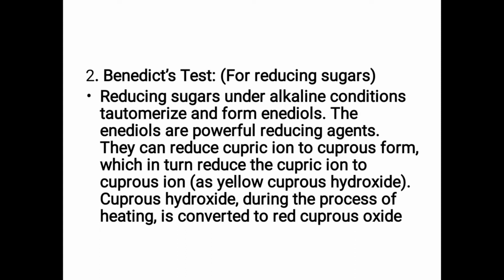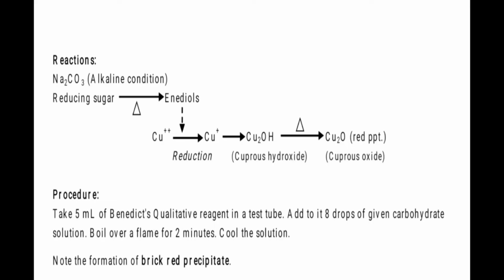Depending on the concentration of the sugar, the color changes. Benedict's reagent is blue in color. Depending on the sugar, it changes to light green, dark green, yellowish, orange, then finally brick red.